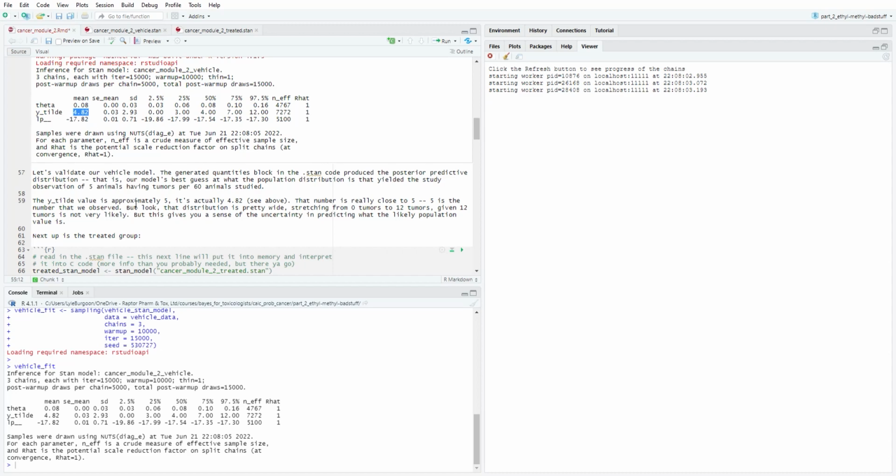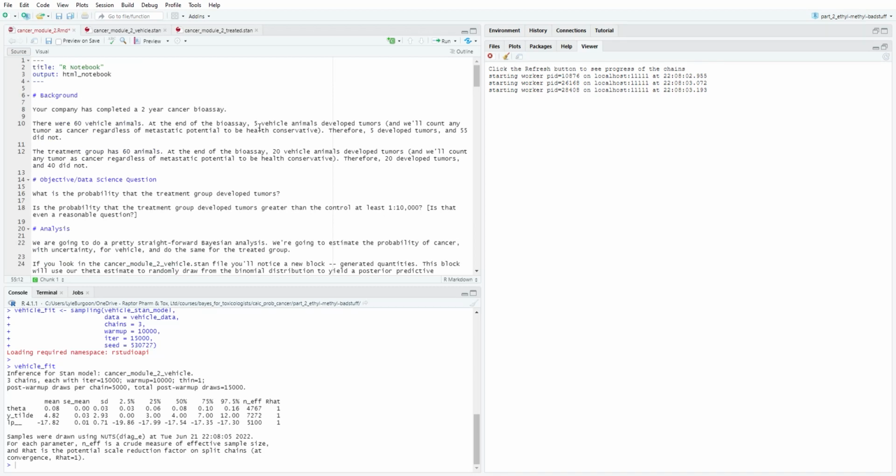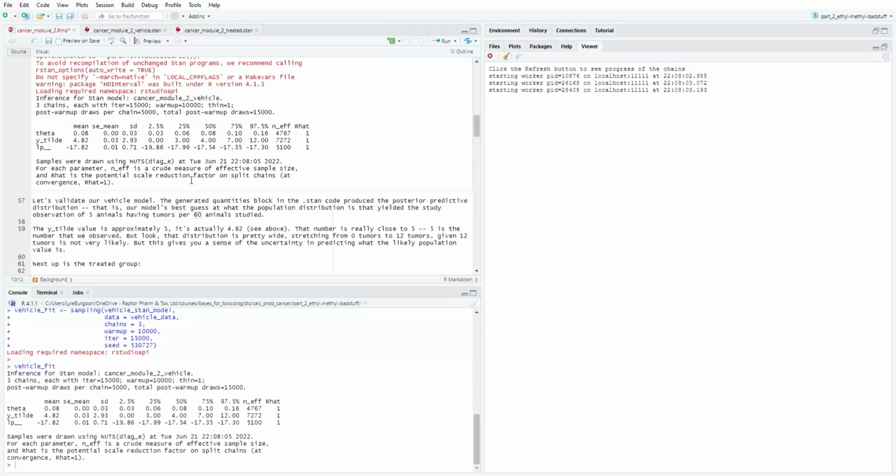So if you remember, if we go back to the description of what's going on here in the vehicle, we've got 5 vehicle animals that develop tumors out of 60. This y tilde is saying, okay, given this information for theta, we are now going to estimate how many animals are actually coming out with tumors.